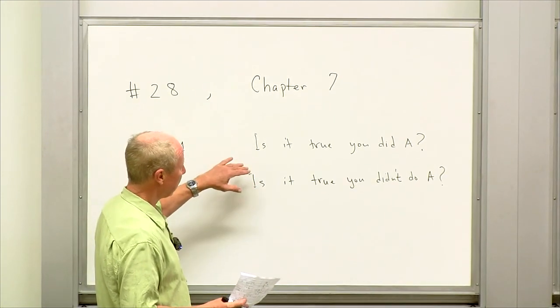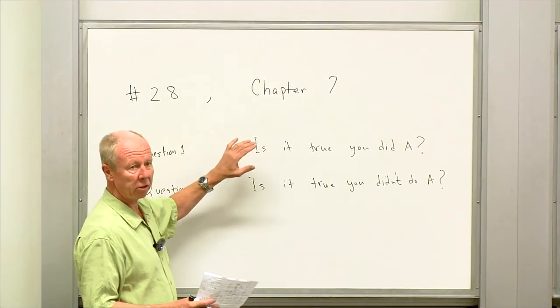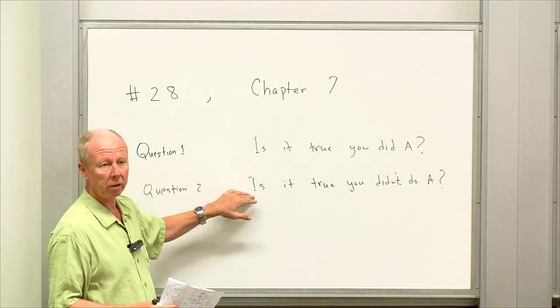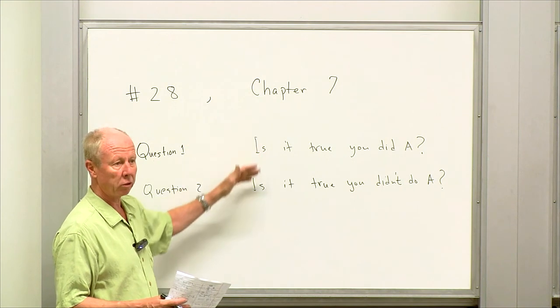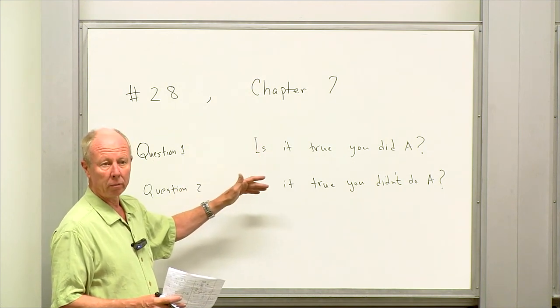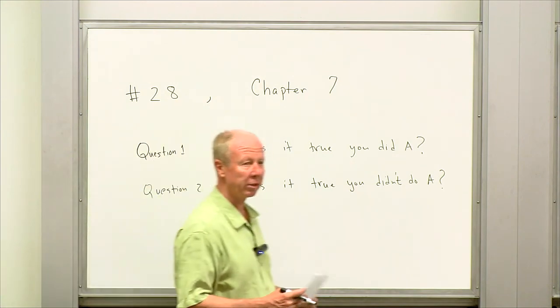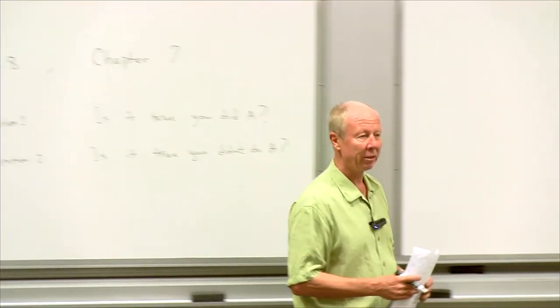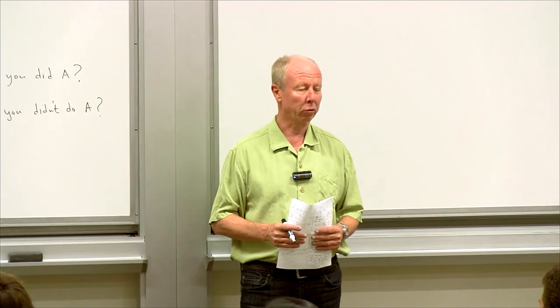So the person being interviewed is given one of these two questions randomly and answers either question one or question two, but the interviewer who is recording the answer doesn't know which question the person is answering, and the person being interviewed realizes that the interviewer doesn't know this, so he doesn't feel any embarrassment about answering truthfully.